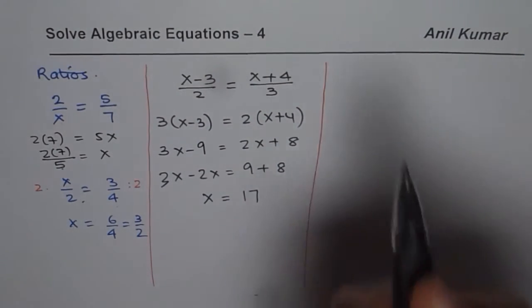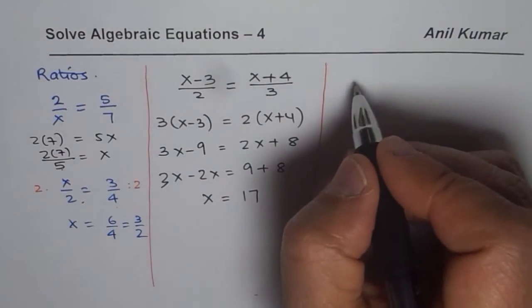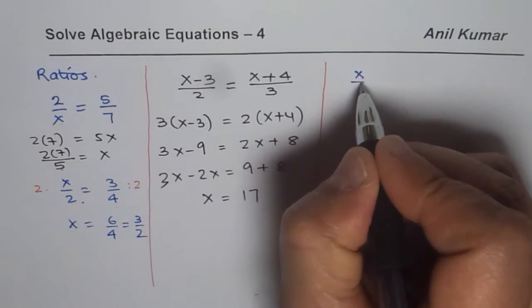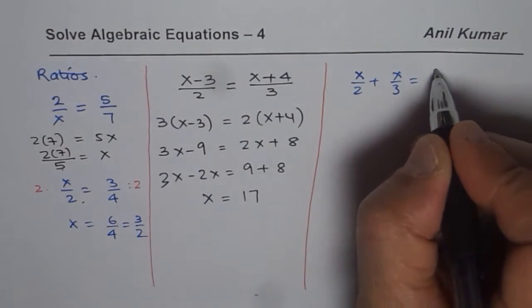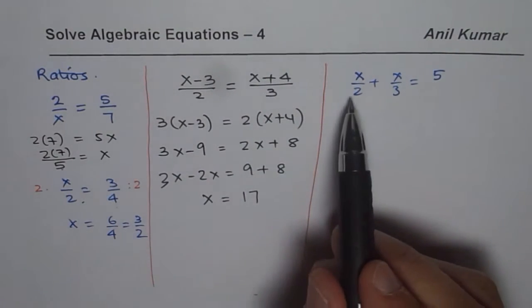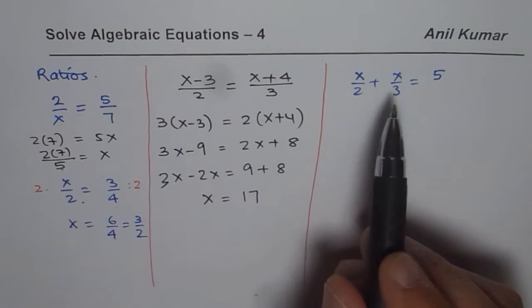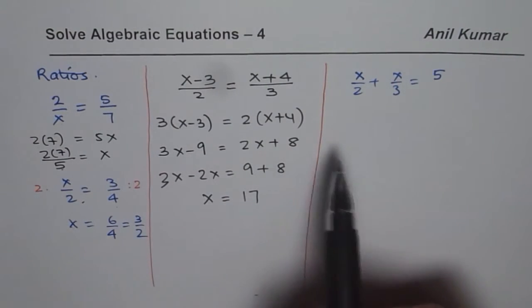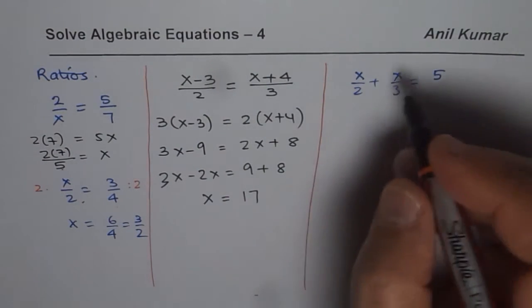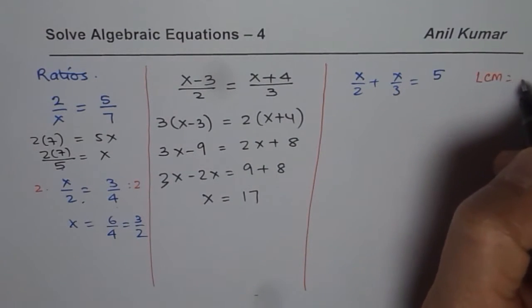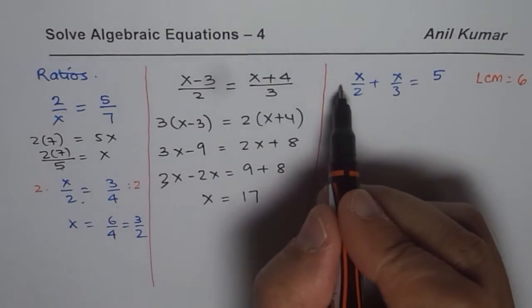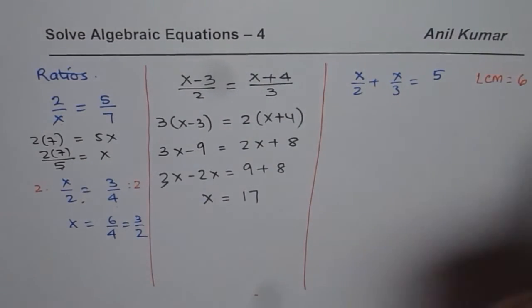Now there could be situations when we have, let's say, x over 2 plus x over 3 equals, let us say, 5, right? Now we have fractions involved, but with different denominators. In such cases, we have to find the lowest common multiple, which in this case is 6. Multiply each term by the lowest common multiple.